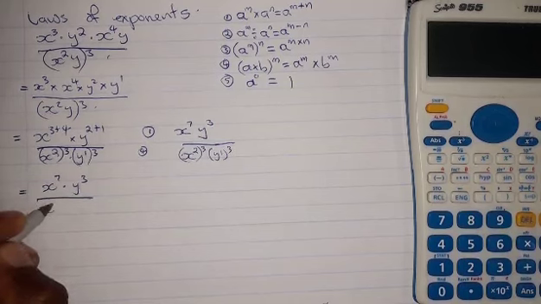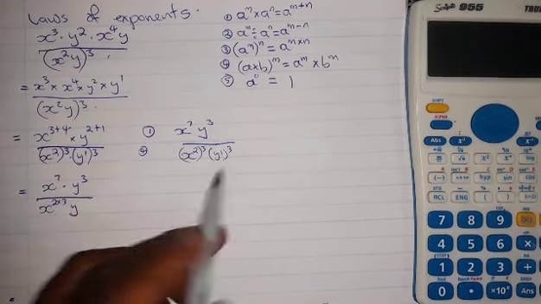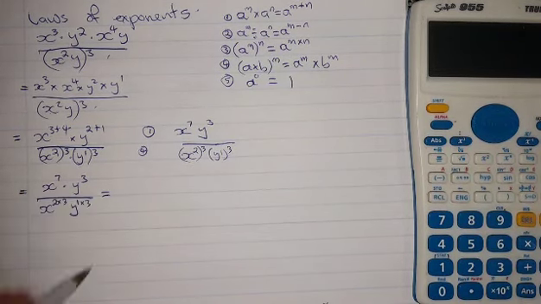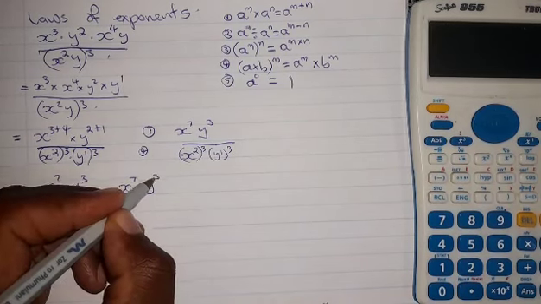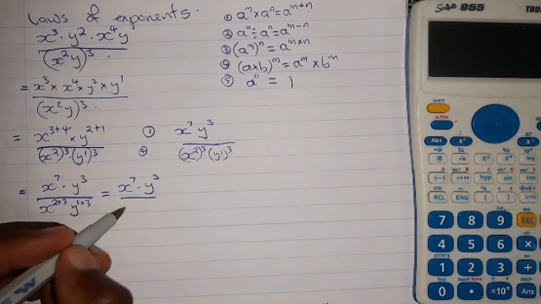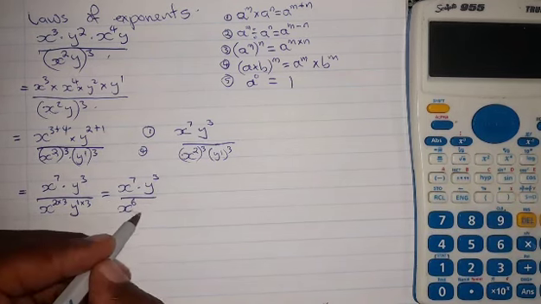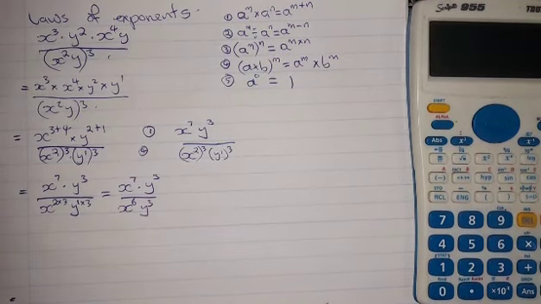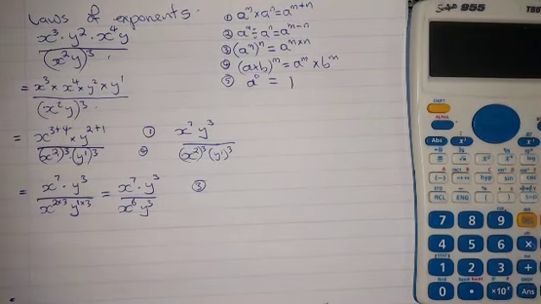So this is x2 times 3, and then y, there is 1 and 3, so it's 1 times 3, which is equal to x7 y3 over x 3 times 2, that's 6, and then 3 times 1, that's 3. And for this one, which law did we use? We used the third law.